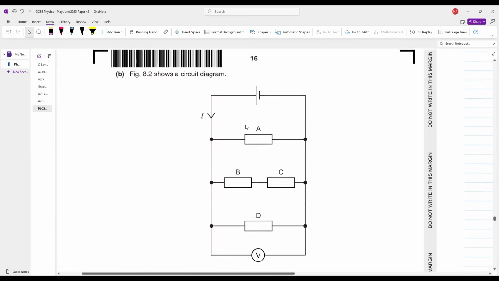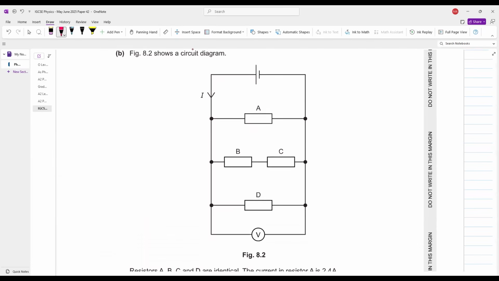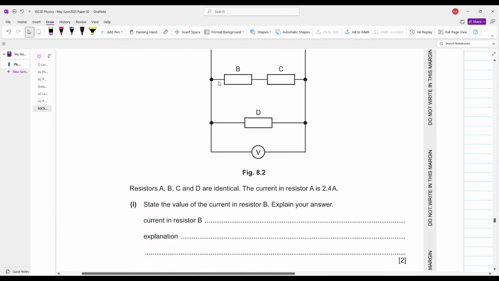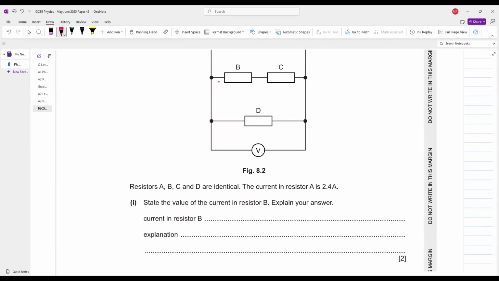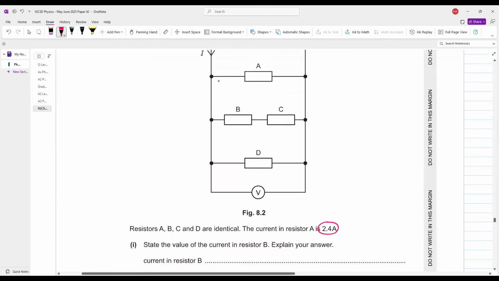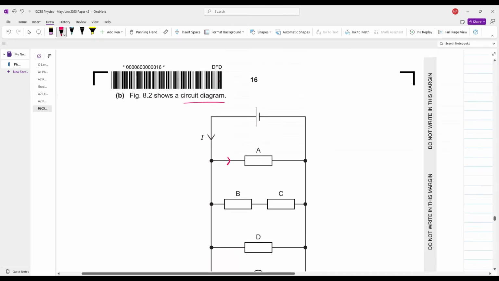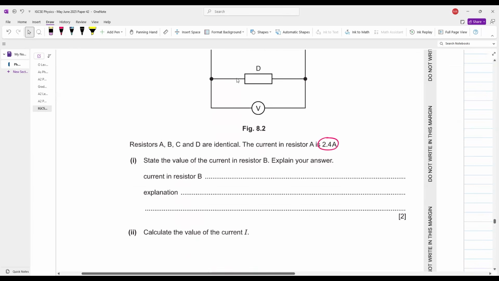Let's further move ahead. Figure 8.2 shows the circuit diagram. Resistors A, B, C and D are identical. The current in resistor A is 2.4 ampere. State the value of current in resistor B. Explain your reason.